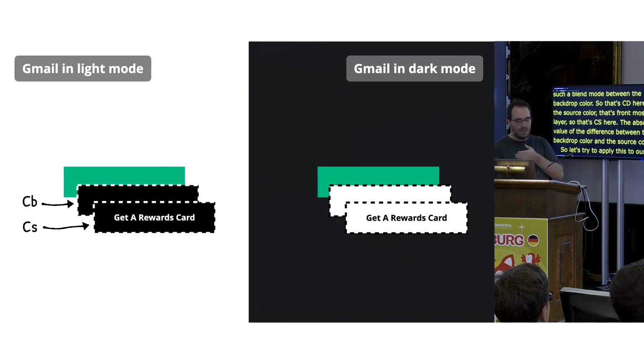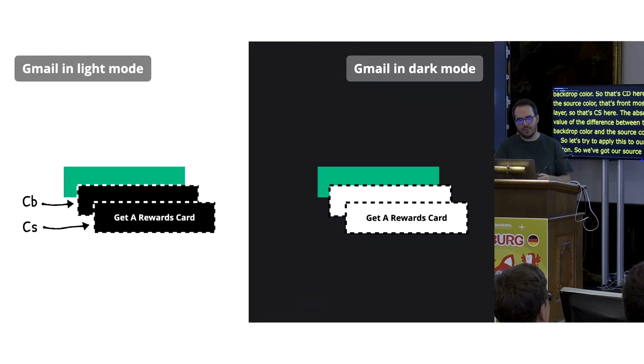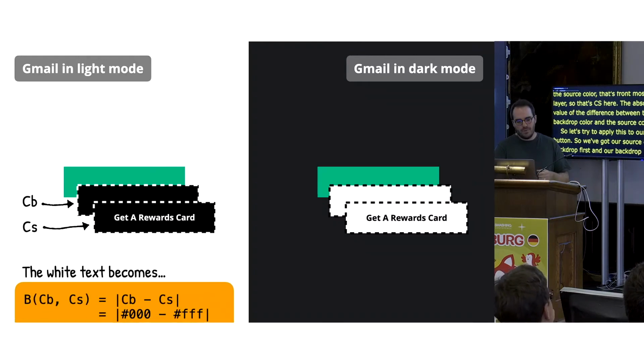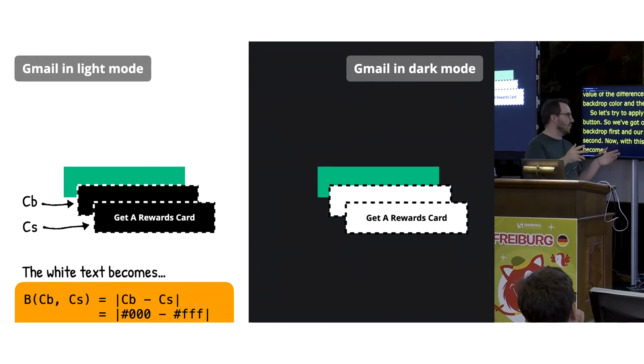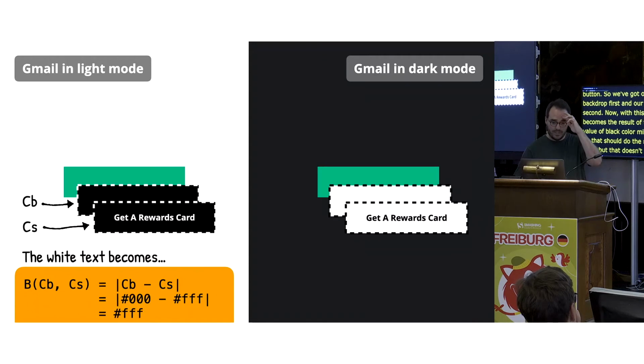We've got our source color first, and our backdrop second. Now, with this, the white text becomes the result of the absolute value of a black color minus a white color. That's a negative, but as the absolute value just gives us a white color, our white text stays white.